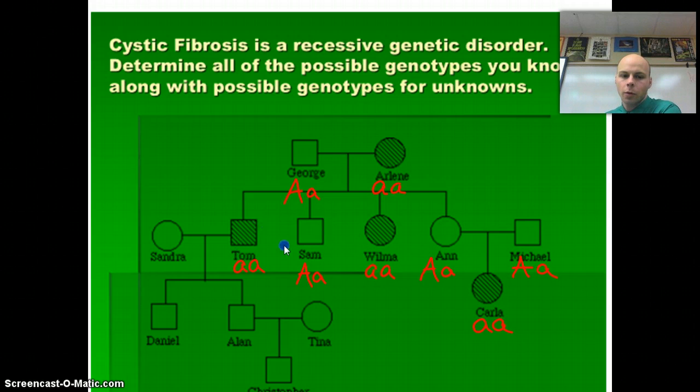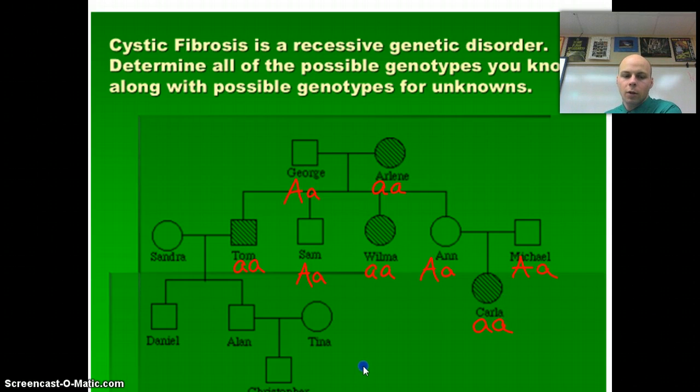So George produces both Tom and Wilma. He has to pass on that recessive allele. Since he does not have cystic fibrosis, we know that he has to be heterozygous. Same thing can be said for Michael. Since Anne passed on one recessive allele, Michael has to pass on the other to allow Carla to be homozygous recessive.